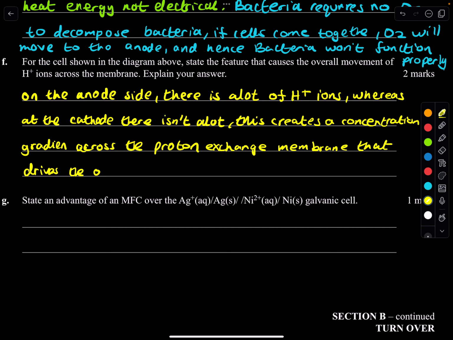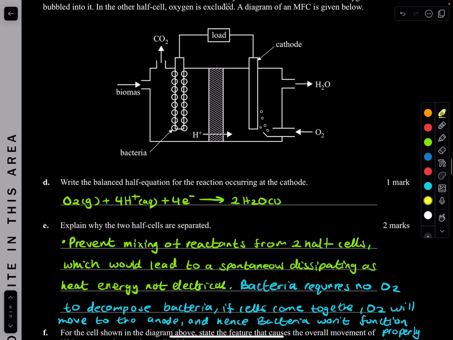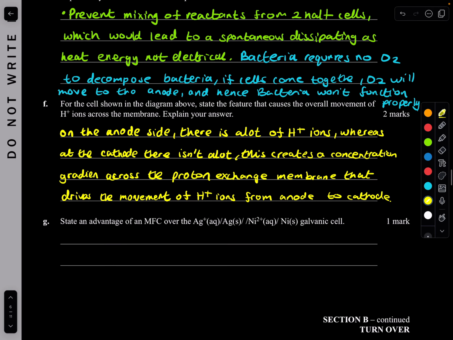So the movement of H plus ions from anode to cathode. Beautiful. And I think that is the most suitable answer to this question because there's a concentration gradient that will be created. Beautiful. If that makes sense.